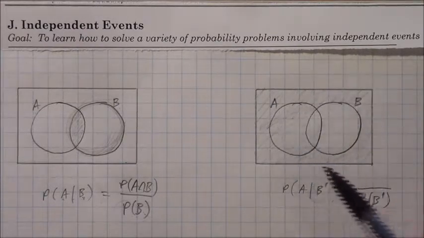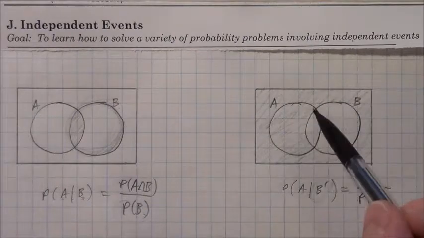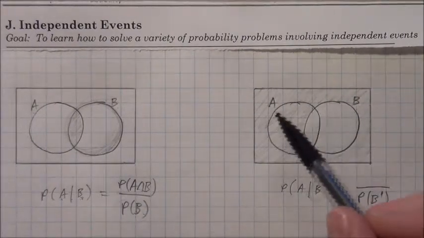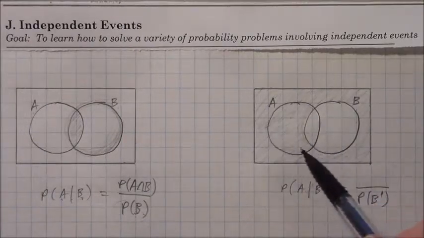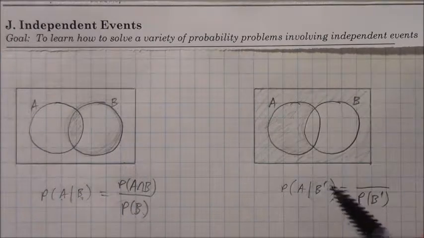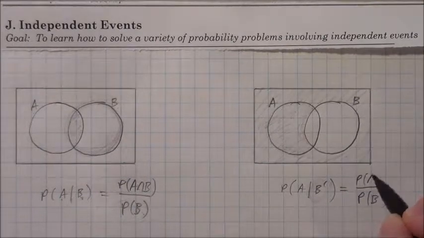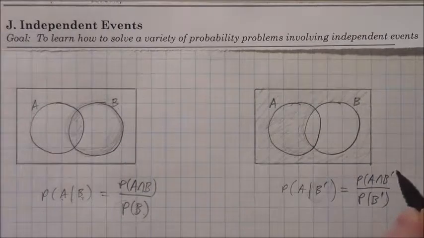From all of this outside of B, this moon-shaped part of A is the part that is also part of that subset of not B, the complement of B. So that's the probability of A intersect B complement.